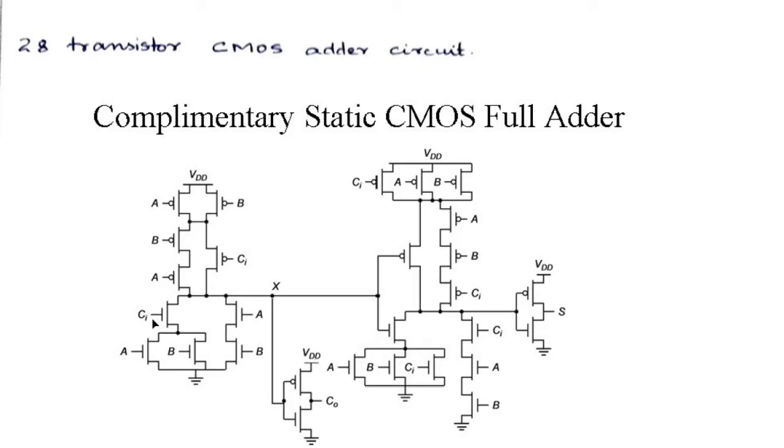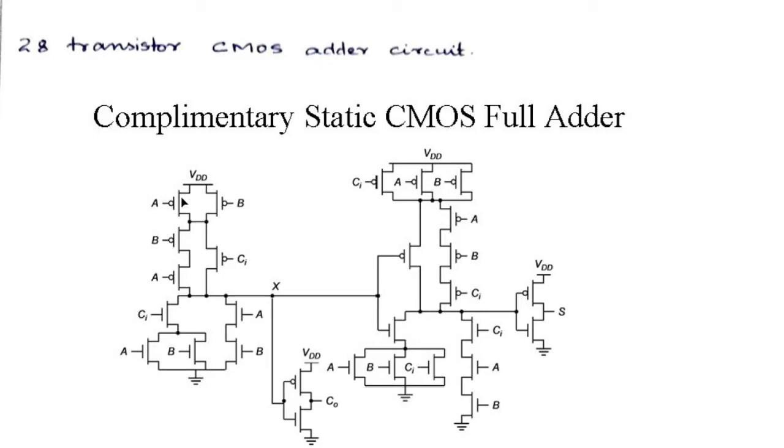We'll have the NMOS part down and the PMOS part up. C0 bar is A bar Ci bar plus B bar Ci bar plus A bar B bar, which is A bar B bar plus A plus B into Ci, the same as ACI plus BCI. The multiplication part is written like this and the addition part like this. How to draw a CMOS circuit has been explained in the previous modules, so I'm not going into depth on that.